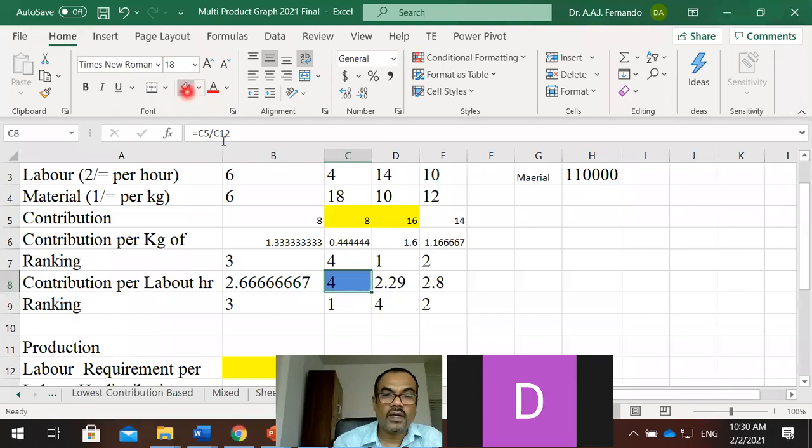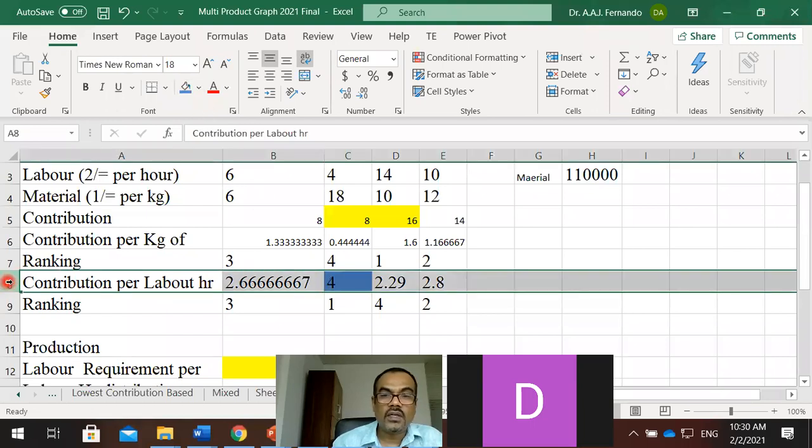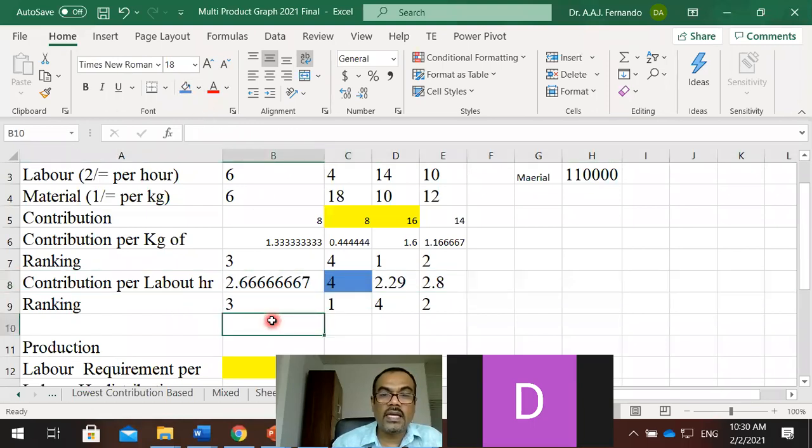So this line gives you the total contribution per labor hour. That means when you use a labor hour for product X, it gives you a contribution of 4. Contribution is our profit finally. Contribution drives the profit because the fixed cost is already fixed and your variable cost has been recovered.